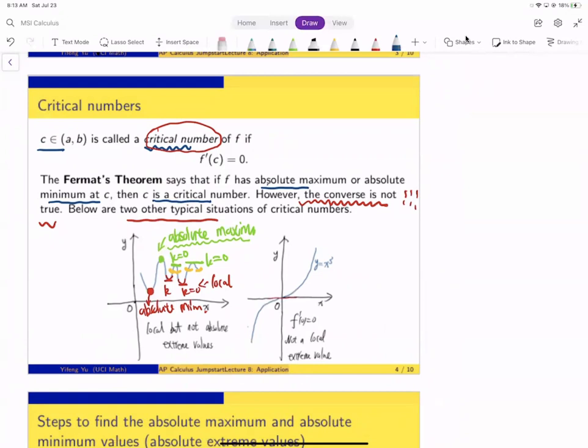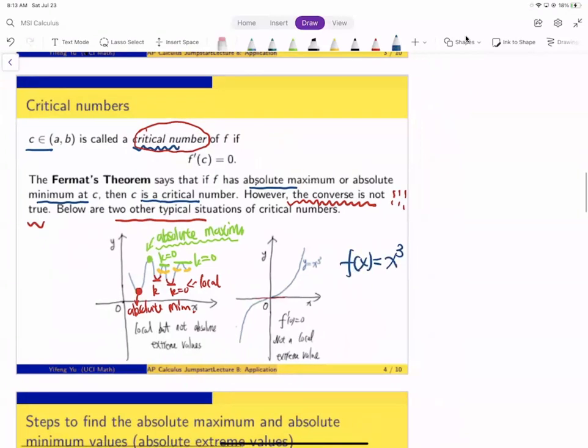Now, another situation is right here. Look at f(x) equals x cubed. The derivative is 3x squared, so at 0 you get 0. So 0 is a critical number, and the slope is 0.